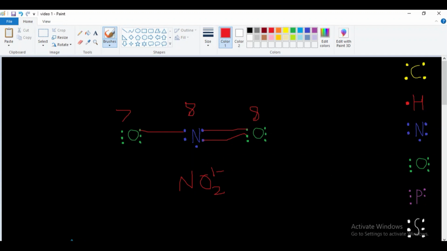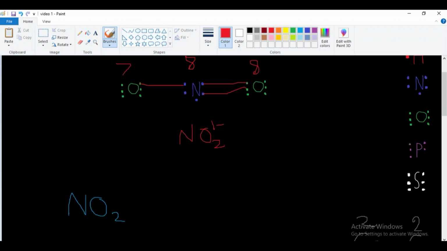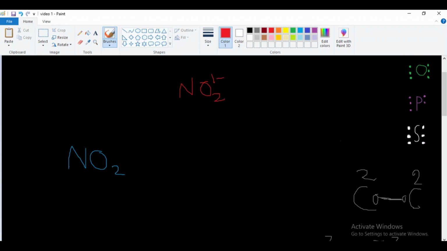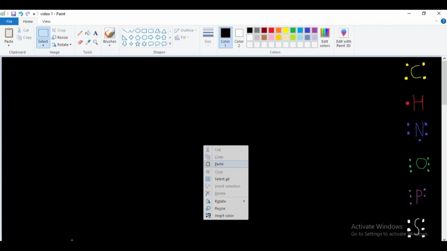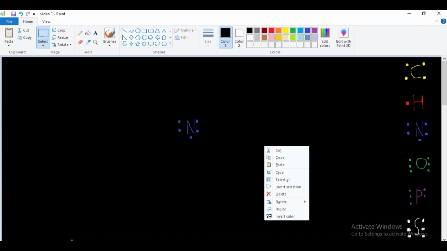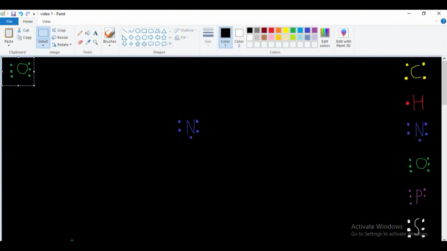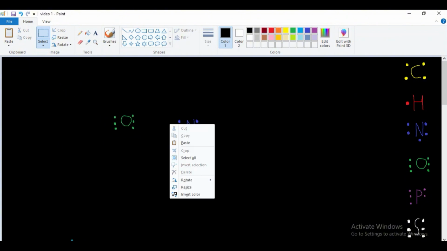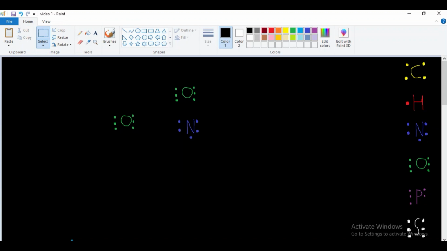this oxygen atom. So now moving on to the next, the oxygen atom. One, two, three.